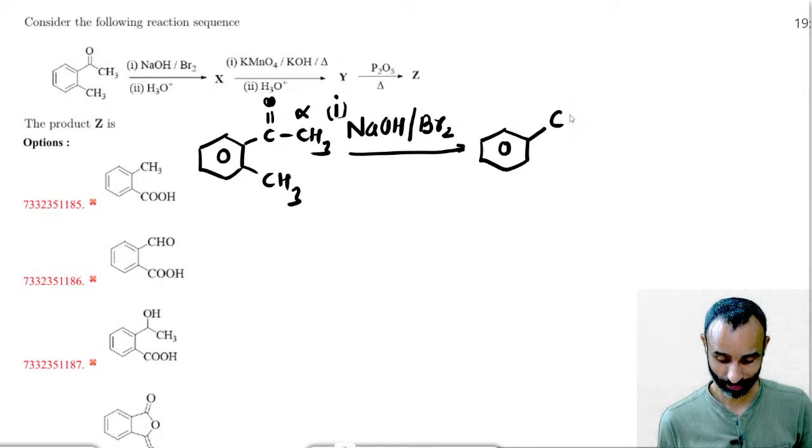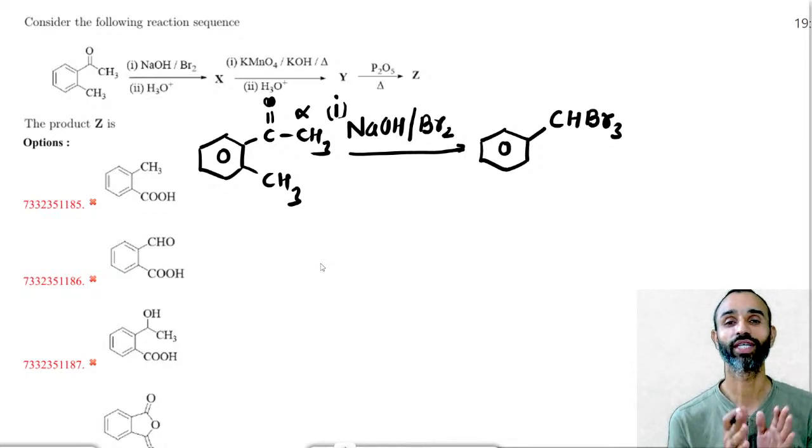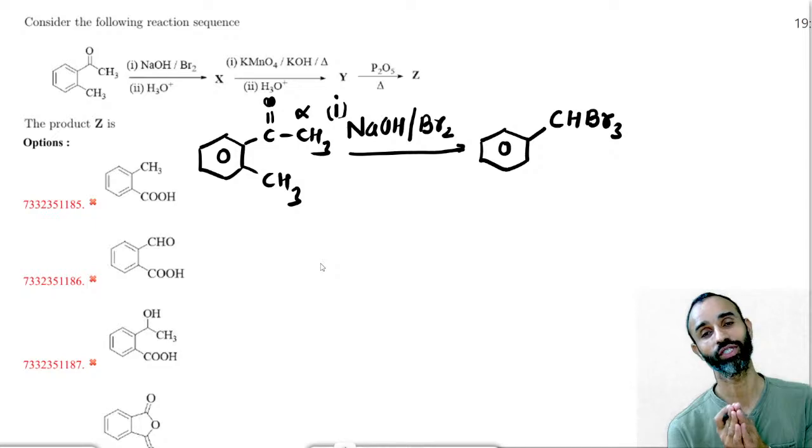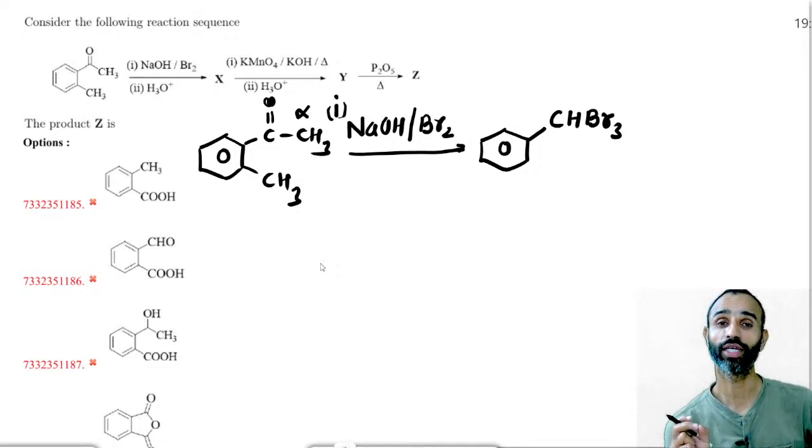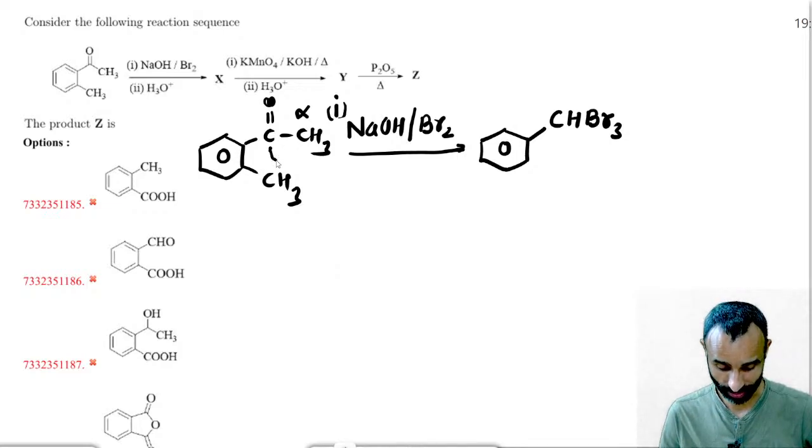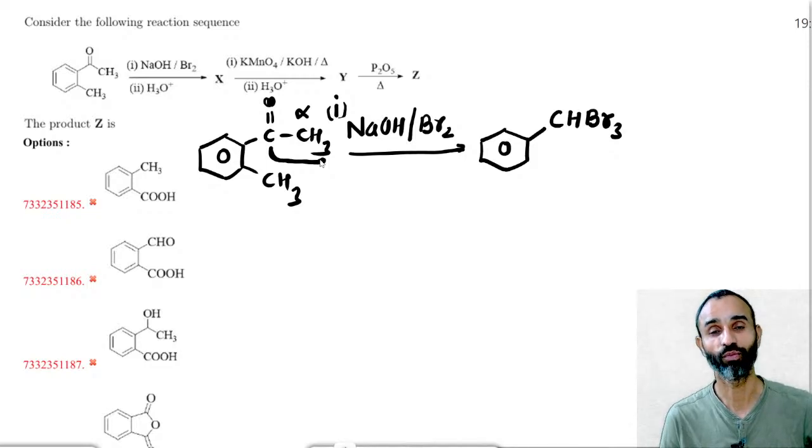It is the haloform reaction. NaOH/I2, NaOH/Cl2, NaOH/Br2, if we use with a methyl ketone, see this is a methyl ketone, COCH3 group is there.